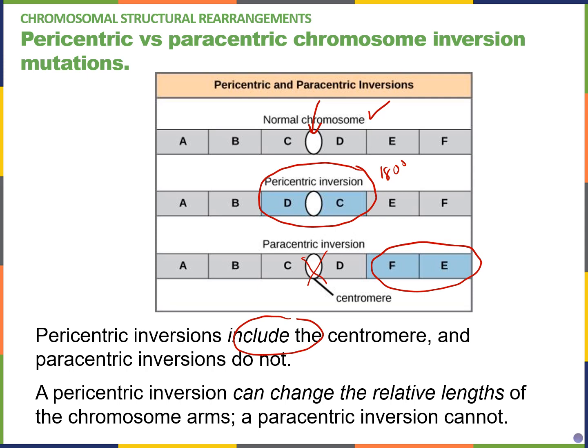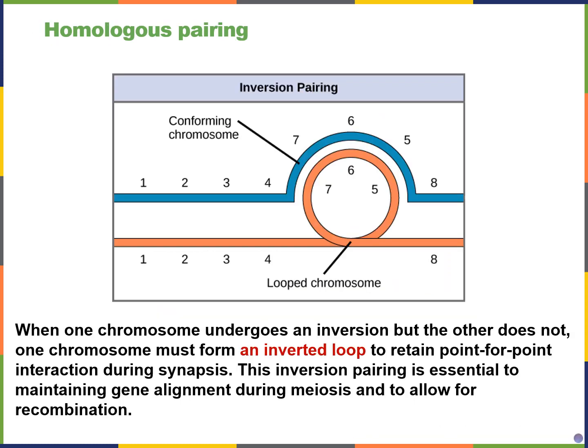So for pericentric inversions, this can sometimes change the length of a chromosome in terms of the P and Q arms, whereas a paracentric inversion will not change the length of a chromosome. Sometimes when one chromosome goes through one of those inversions, such as the one shown here in blue, instead of going from 4, 5, 6, 7, 8, you can see 7 is here and 5 is there, so that was the inversion.